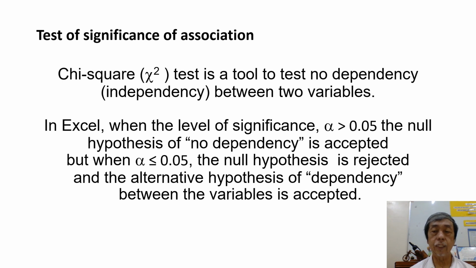When the level of significance alpha is greater than 0.05, the null hypothesis of no dependency or no association is accepted. But when alpha is less than or equal to 0.05, the null hypothesis is rejected, and the alternative hypothesis of dependency or association between the variables is accepted.